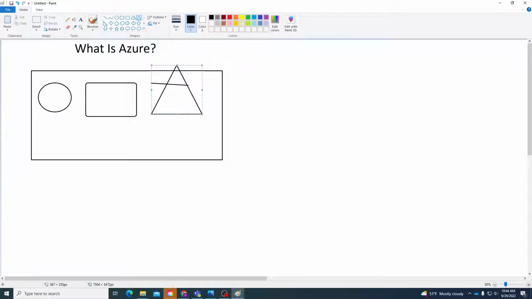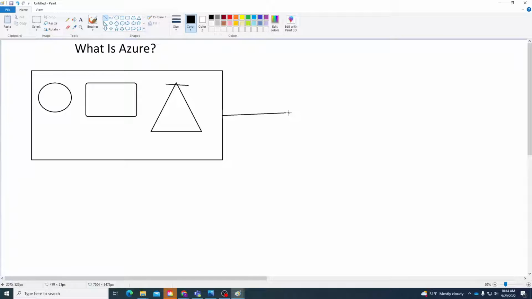So then, using these resources, you can create things. And those things that you can create are things such as VMs, and databases and those kind of things.